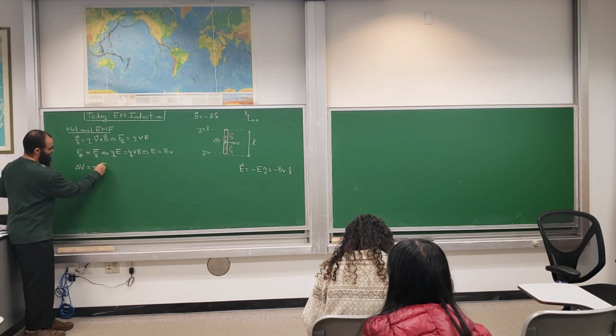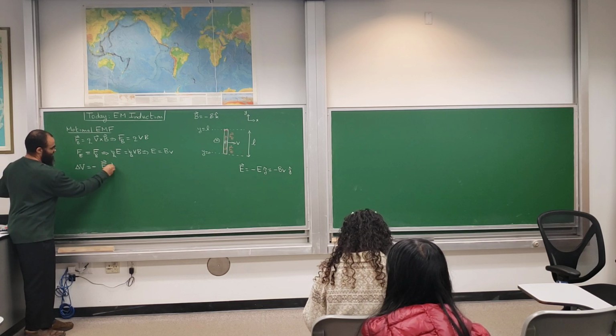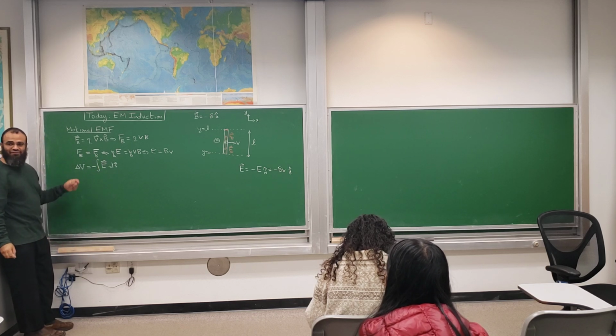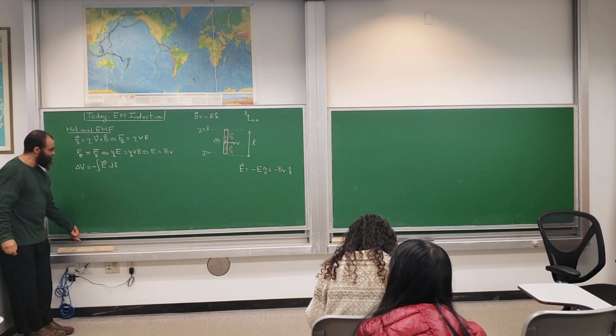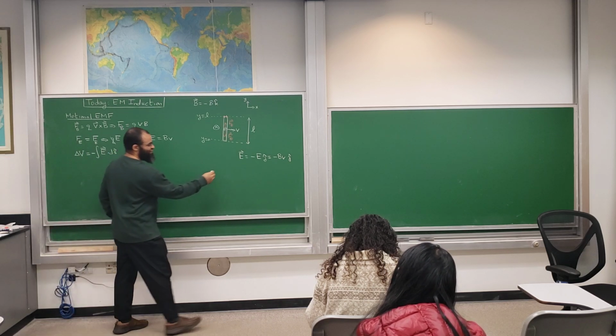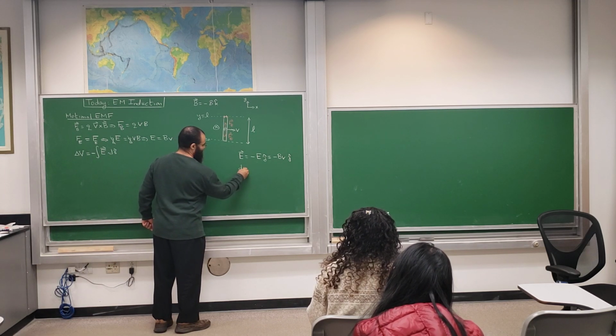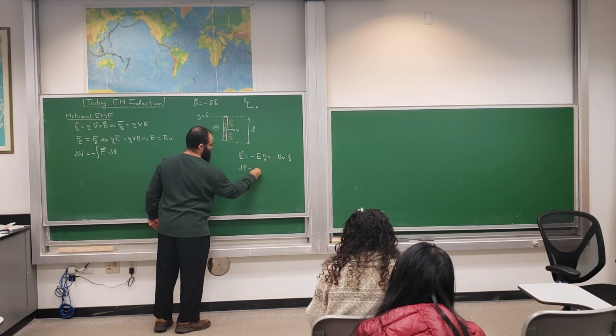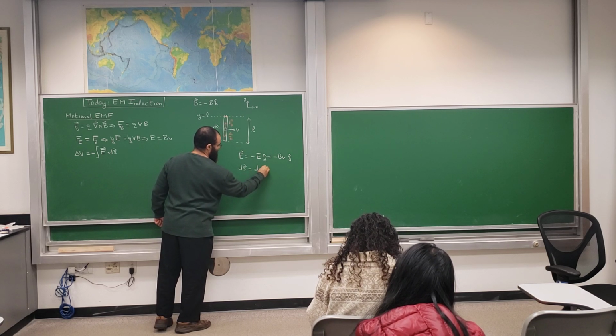Minus the integral of E dot ds, like that. Right? Definition of potential difference. ds, in our case, we're finding along the y direction. So that's dy j hat, right?